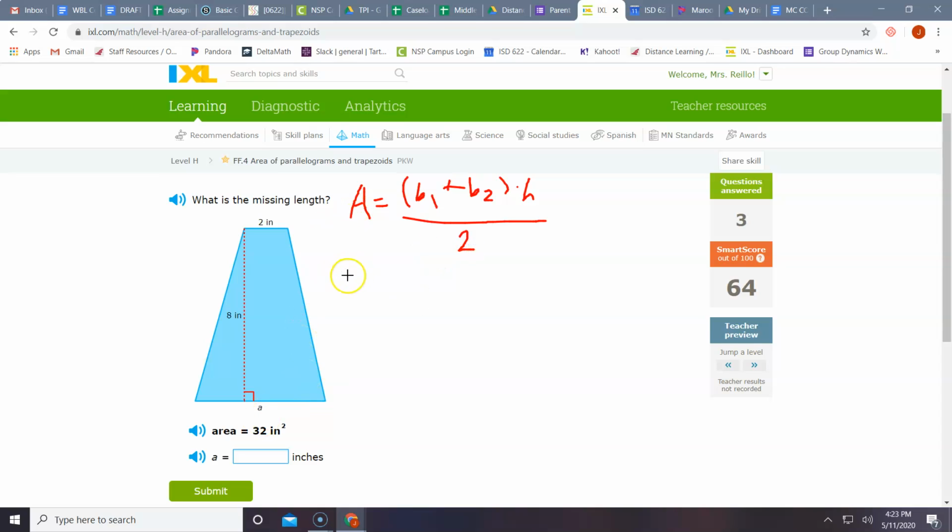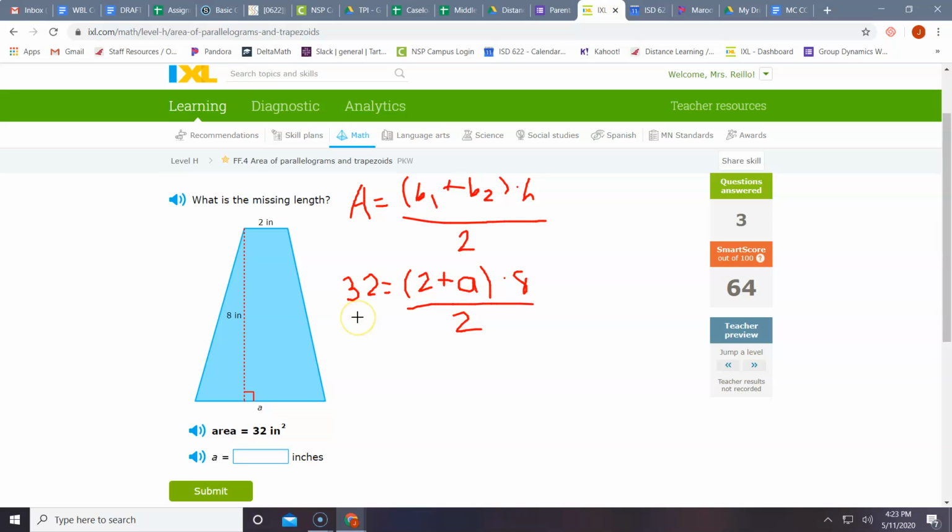So in this case, we're going to plug in that our area is 32. And we're going to put in our first base, 2 plus our other base is A. So we can leave our variable times our height of 8. And that's divided by 2.